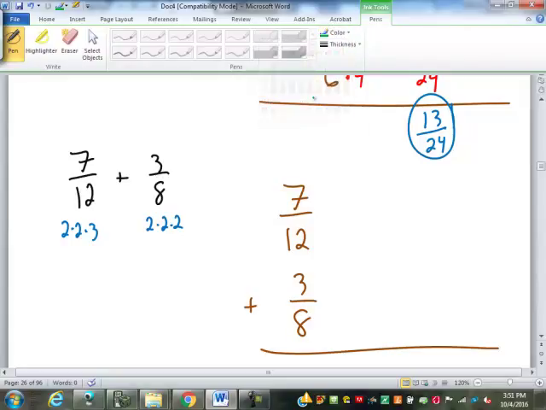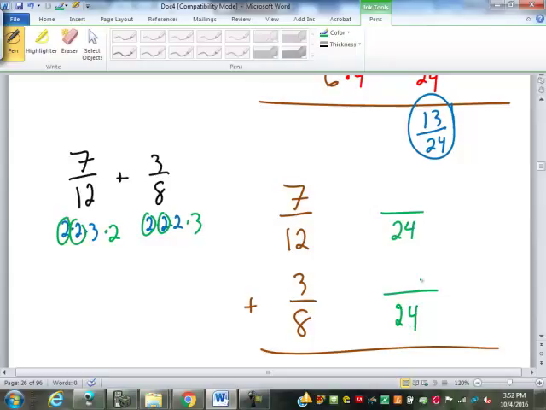What's it going to be? They both have 2 2's in common. This one needs what? 2. This one needs a 3. So if I multiply those out, I get 24 is my common denominator.